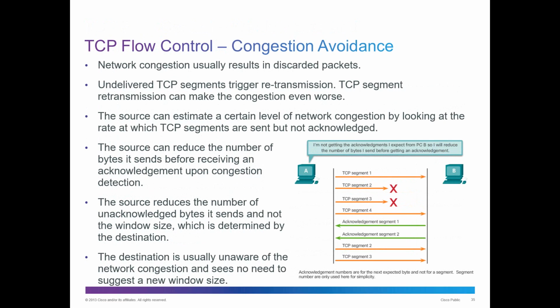This is something that's handled on the source side based on acknowledgements that the source is getting back from its destination. So if I'm sending segments to my destination and I send four segments, but I'm only getting back an acknowledgement that the recipient has received 2, I know that there must be some network congestion going on, not allowing it to receive that full window worth of acknowledgements.